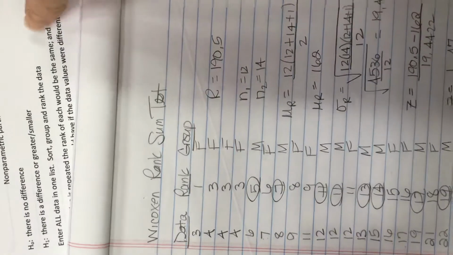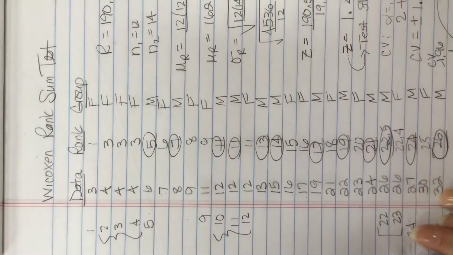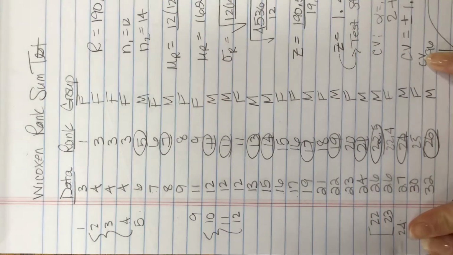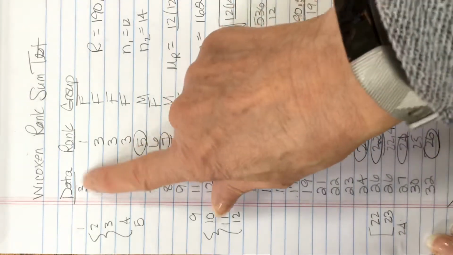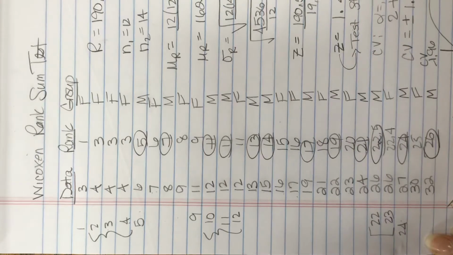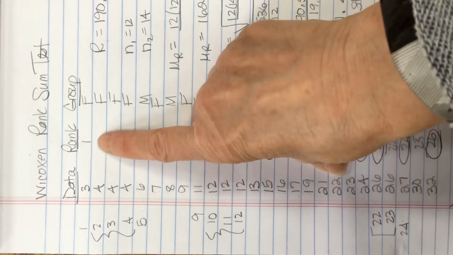You're going to follow the note sheet I gave you, and you put all the data in one big list, and then you sort it. Grouping it will help you check that data, but make sure to check the data before you group it or sort it, so you can go down and make sure every data value you put in was correct, and then sort it.